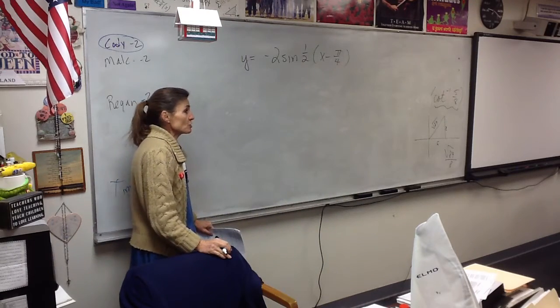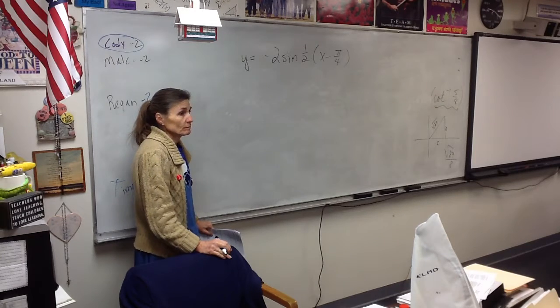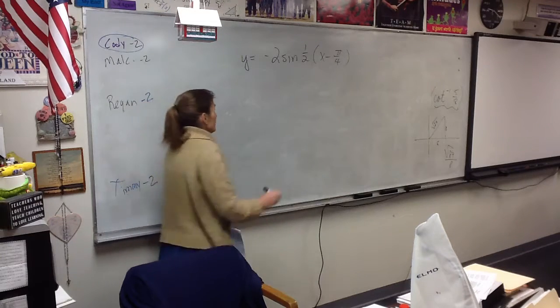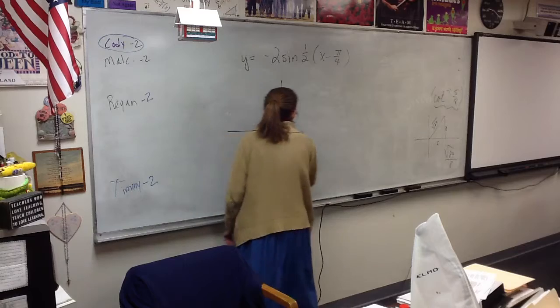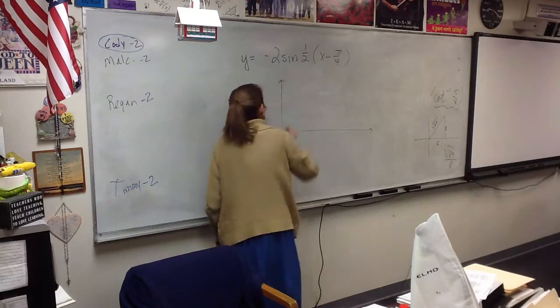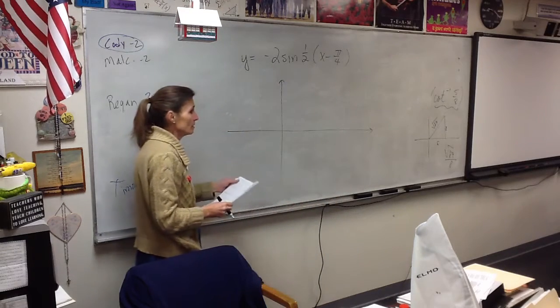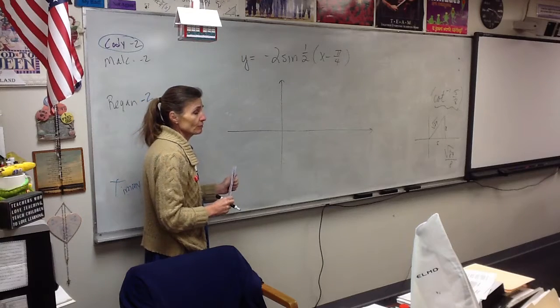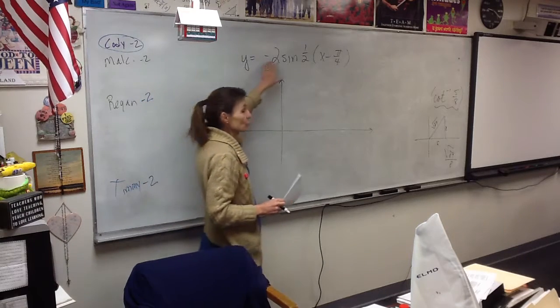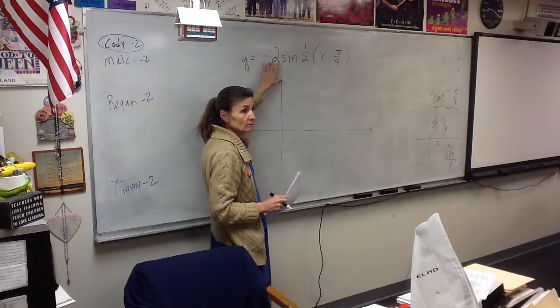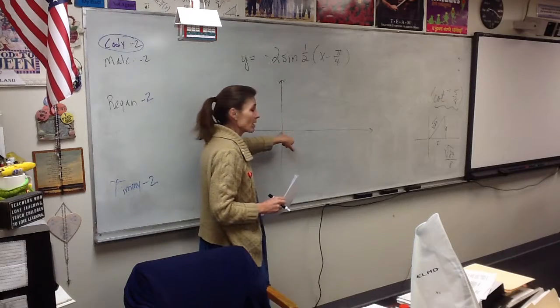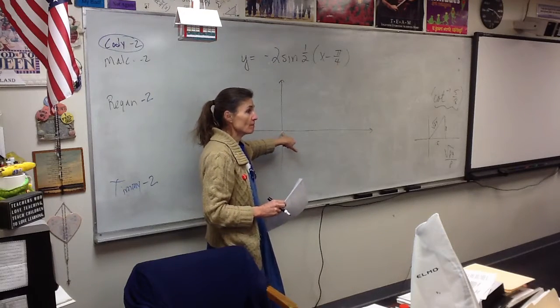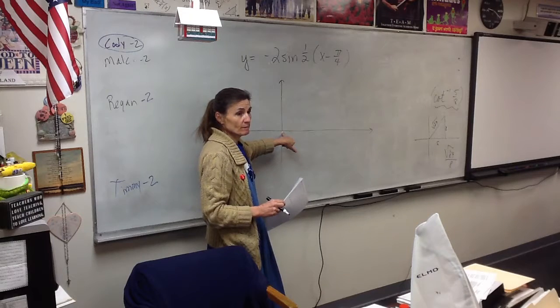This is a sketch of a sine function. I got to draw a sine curve. Actually, I'm going to draw an upside down sine curve. Normally I would start right here, right? This is where sine curves start. Where am I going to start this one?